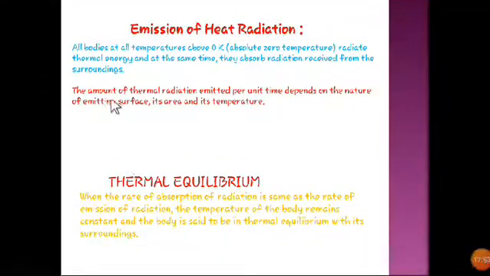It is because the amount of energy incident on any surface depends on whether it is a black body or a good reflector. If it is polished with silver, it will reflect all the radiant heat. If it is a black body, it will absorb. So the amount of thermal radiation emitted depends on the nature of the surface, its area, and its temperature.